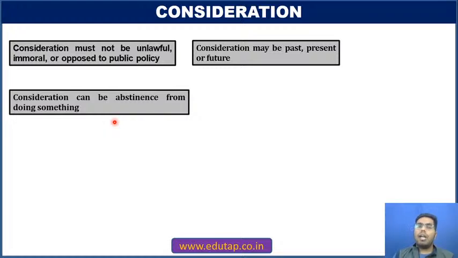So I ask him that I will be paying you 1 lakh rupees if you do not open your clinic in the 5 kilometer range from my clinic, because if you open the clinic near my clinic, then automatically the patients will be distributed. So I am paying him 1 lakh rupees for not doing something, that is, for not opening his clinic near my clinic.